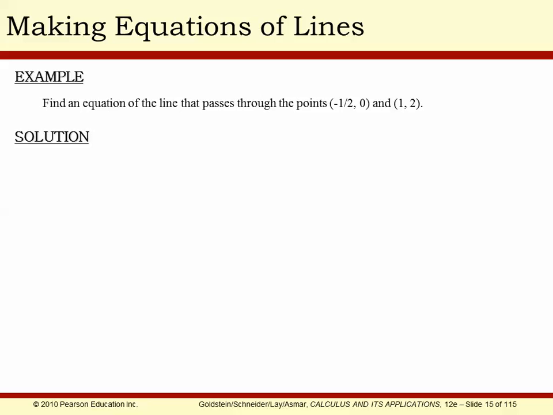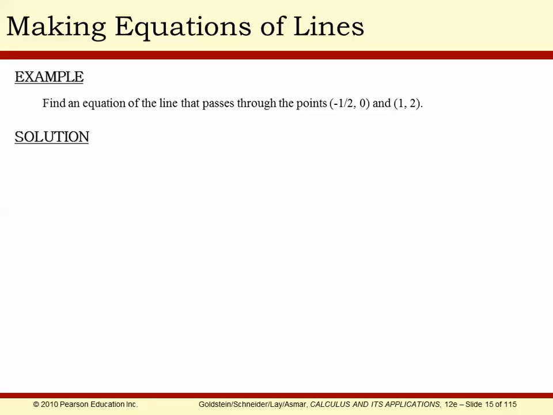Property number 3 is the point slope form equation of the line. So once I know the slope and a point, I can plug it into that formula, and I have the equation of the line in point slope form. And then I'm just going to simplify it so it's in slope intercept form. Okay?